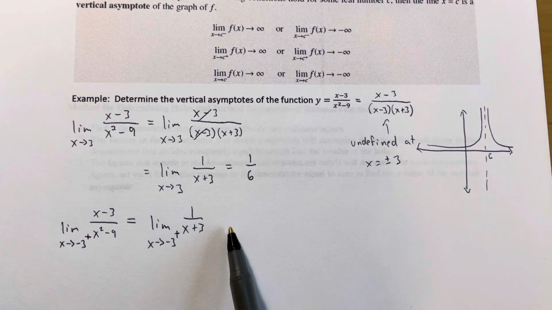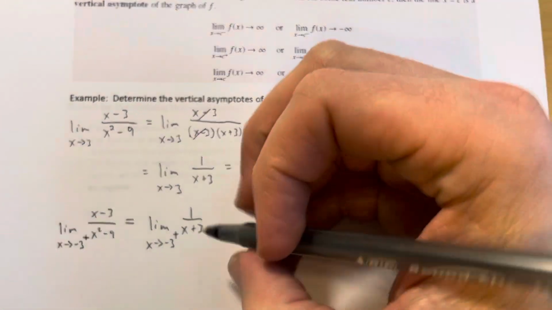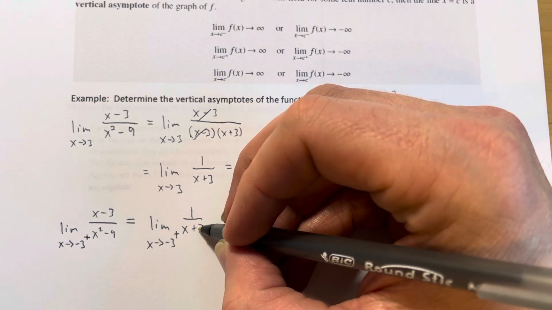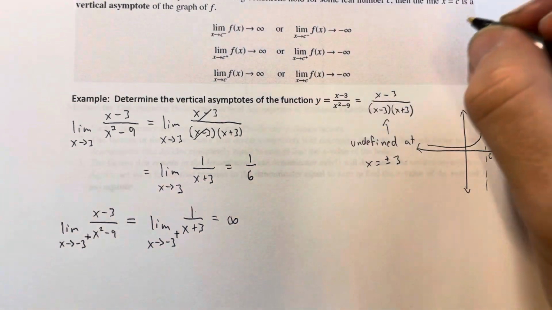Negative 2.9 is larger than negative 3. So we're working this out in our head. If you plug negative 2.9 in for x, negative 2.9 plus 3 is 0.1. It's positive. In fact, any number that's greater than negative 3, when I add a 3 to it, I will get something that's positive. So positive 1 over some positive number that I think of as very, very small in the sense of being close to 0, that would give me a positive infinity there.